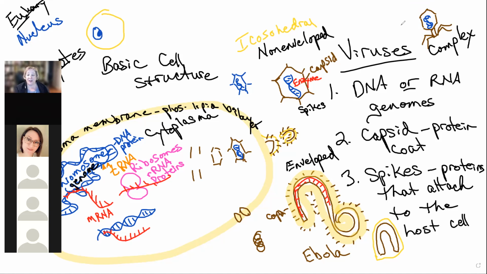We would call this a complex capsid, because it combines the shapes of the more simple capsids to make this complex shape. Next time we meet, we're going to be talking about this particular little bug looking guy.